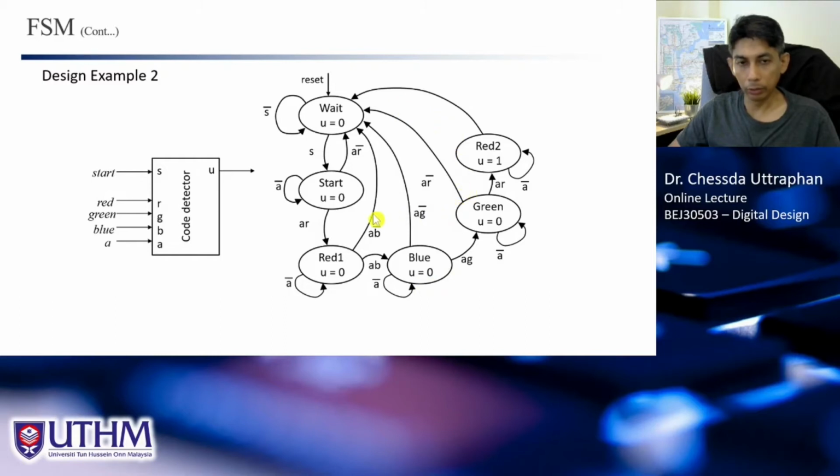All right. So to derive the Verilog code, you need to have the structure of your finite state machine. And again, if I ask you what type of this state machine, is it Moore or Mealy?